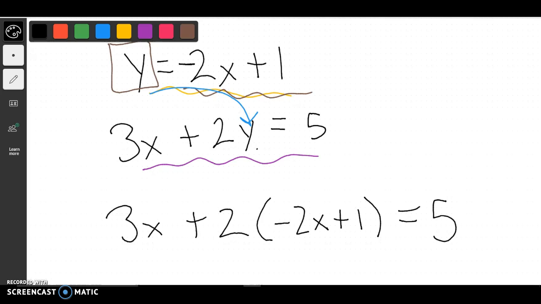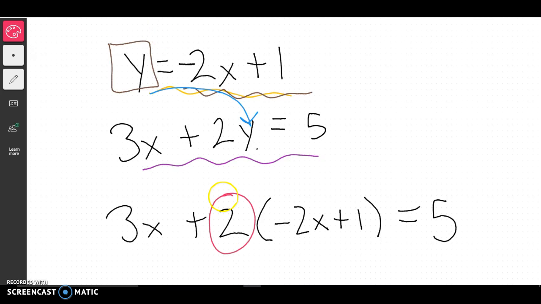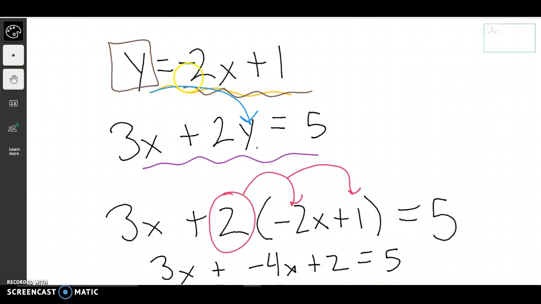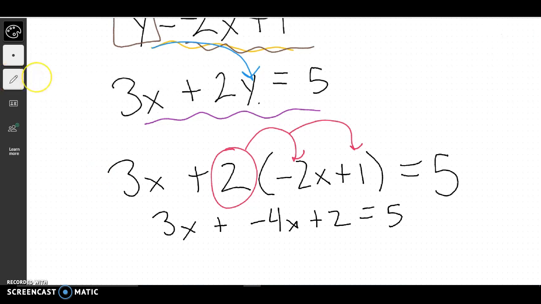Well, this is kind of a distributive property. I have my 2 on the outside, so I'm going to distribute it to the stuff on the inside. And I'm going to get 3x plus, well, that would be negative 4x plus 2 equals 5. Now that I have this, we're going to combine like terms.